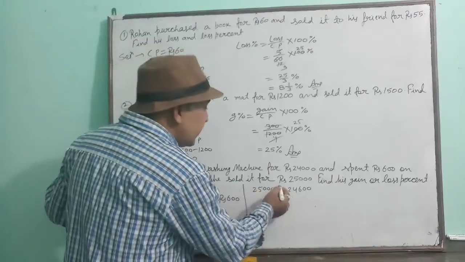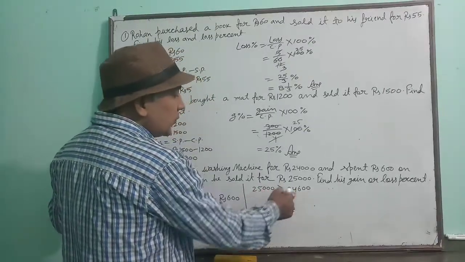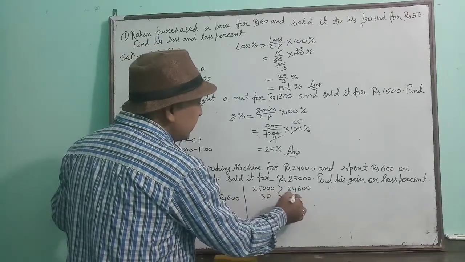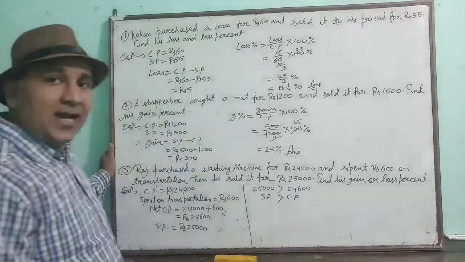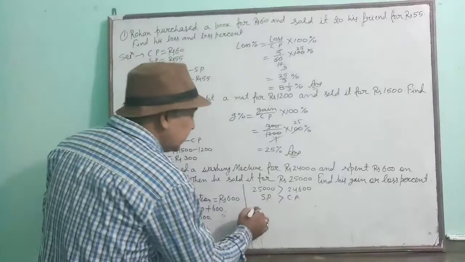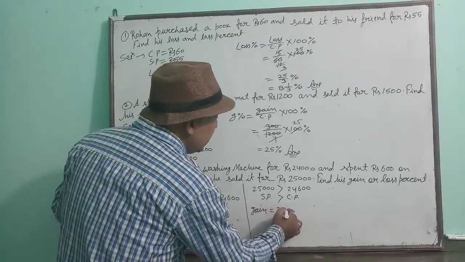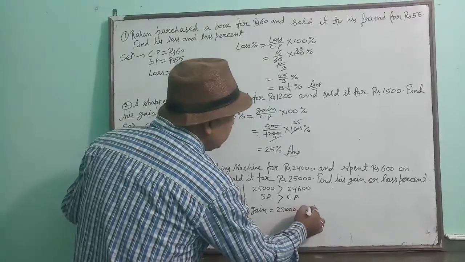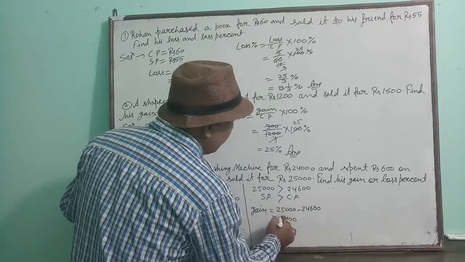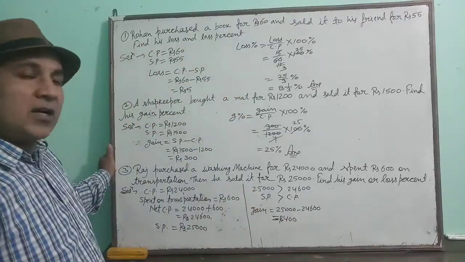So very easily we can see that 25,000 is greater than 24,600, meaning selling price is greater than cost price. And we know that if selling price is greater than cost price, then there is gain. So gain will be 25,000 minus 24,600, which means 400 rupees. Here is the gain of 400 rupees.